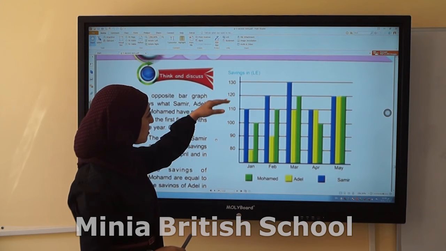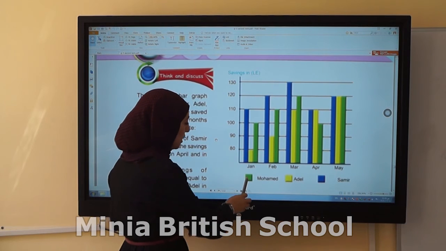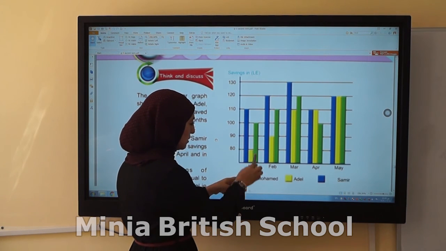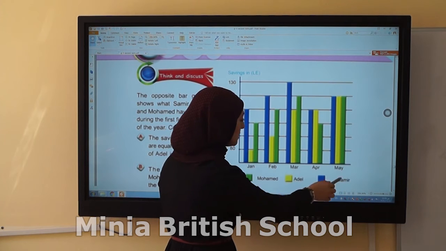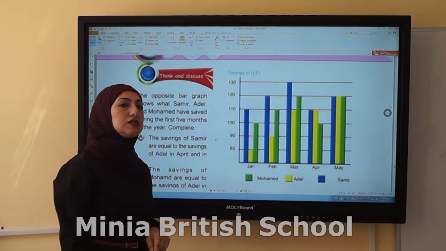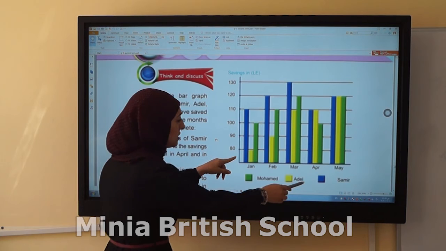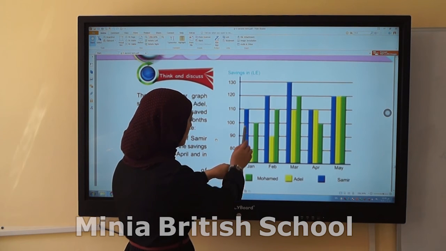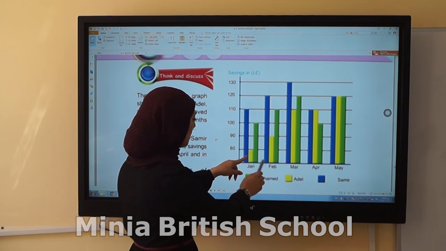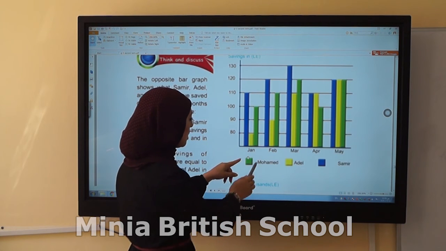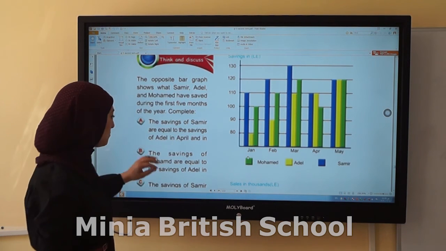And here is the amount of money they save. The green bar represents Muhammad, the yellow bar represents Aiden, and the blue bar represents Samir. So I can say that Samir saved 110 pounds in January, Aiden saved 80 pounds, and Muhammad saved 100 pounds, and so on.